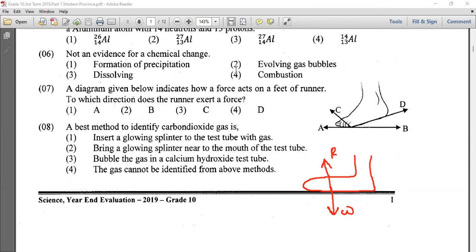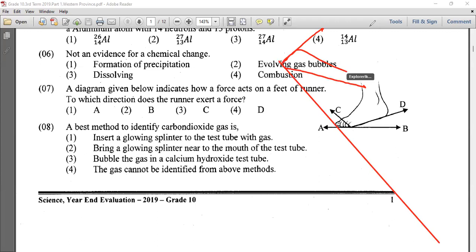Now in this case also, this is how normal it is, right? So in this case also, the weight of the person should act vertically downwards, but now we have only indicated the feet. So we don't know his body position and in which inclined position he is. Because of that, you can't really imagine with this diagram how the weight would be applying here.